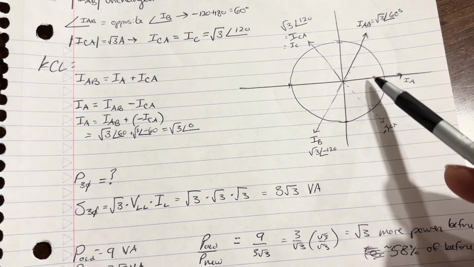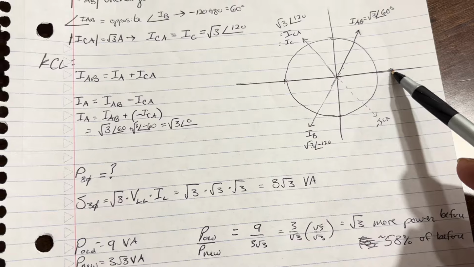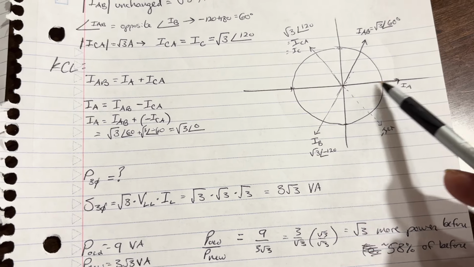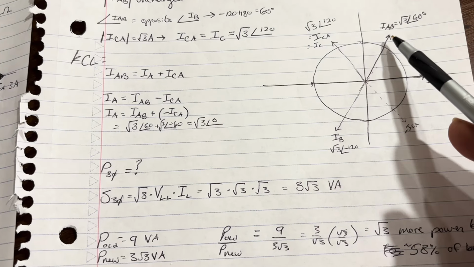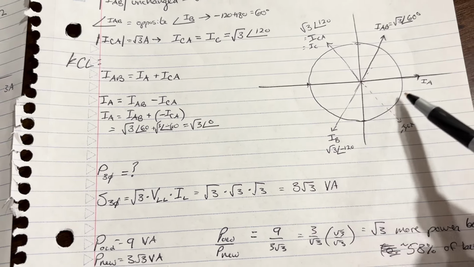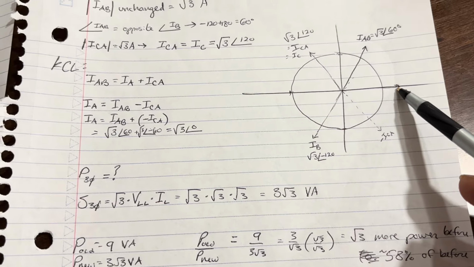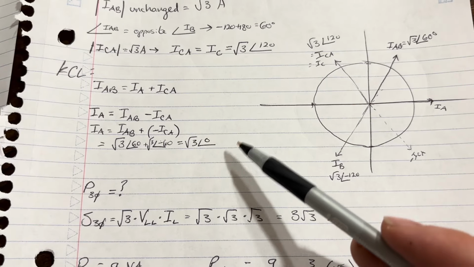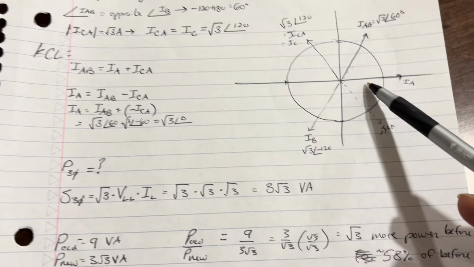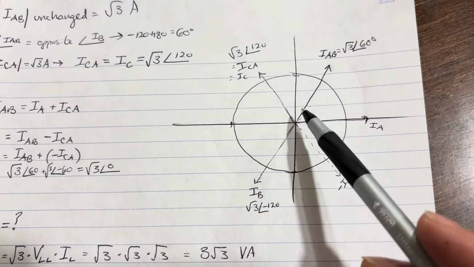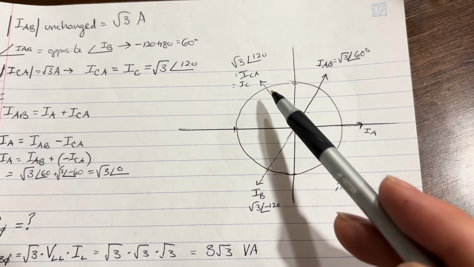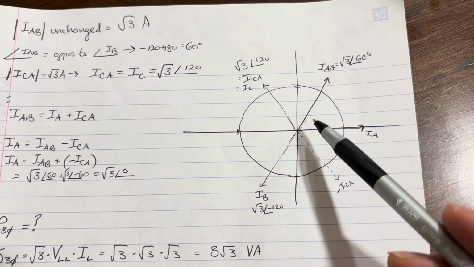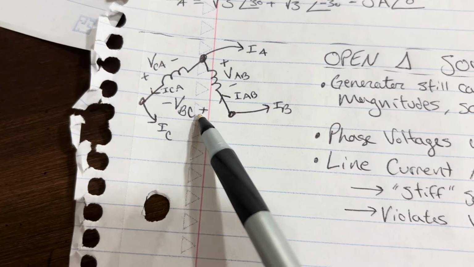We know the cosine of that is going to be 1/2. So even though we're doing vector addition, usually we're used to the square root of 3 being the resultant magnitude, but that's when we're adding things 30 degrees apart. If we're adding things, 60 here and 60 here, well, it's going to be the same magnitude. So IA is square root of 3 at an angle of 0. So here are your line currents, IA, IB, IC, and here are your phase currents, ICA, IAB. There's no IBC because there's nothing there.